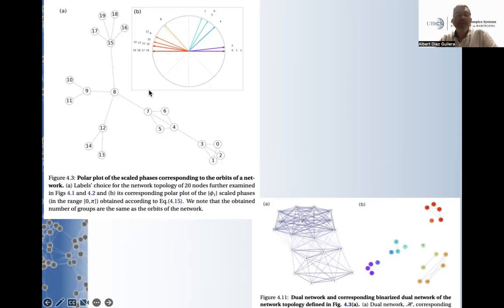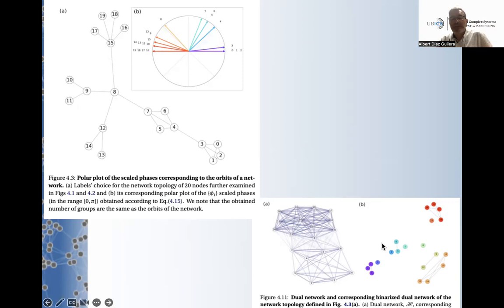This enables us to construct networks in which the connections are between nodes which are symmetric, and this can be generalized to any structure. And then, at the end, to make up a network that we call the dual network, in the sense that this network has links between nodes according to the dynamical response.